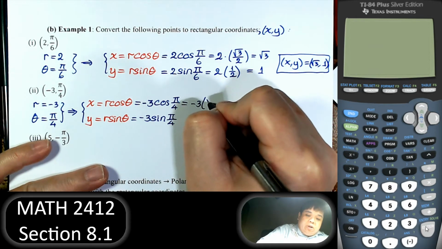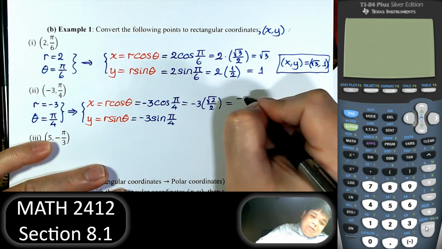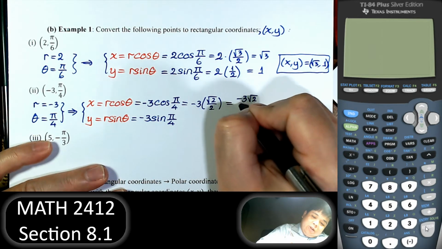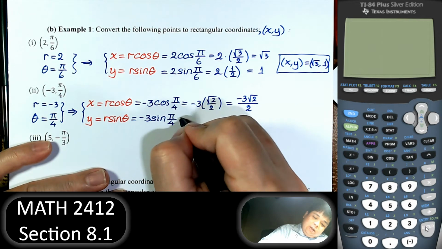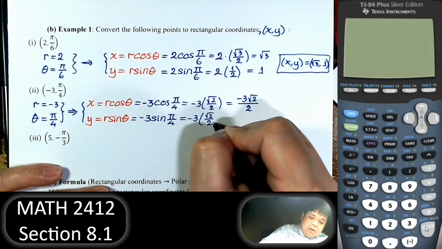Cosine pi over 4 is square root of 2 over 2, so we have -3 square root of 2 over 2. And sine is also square root of 2 over 2.